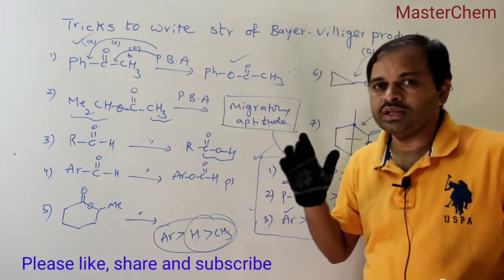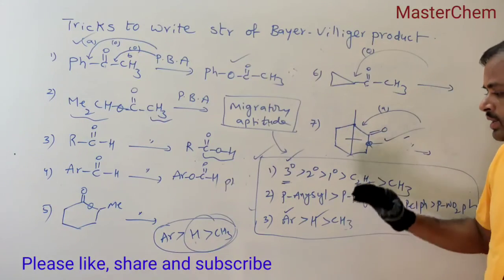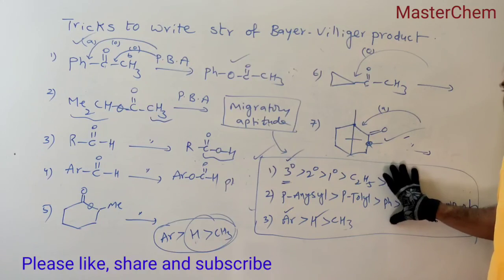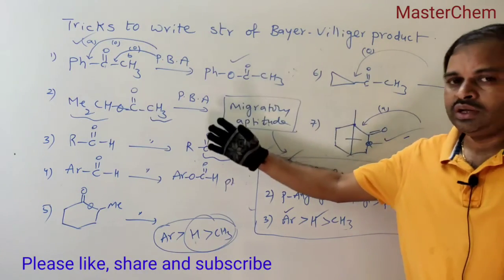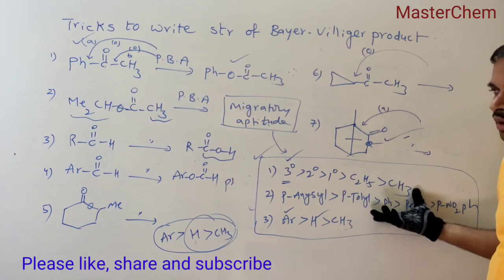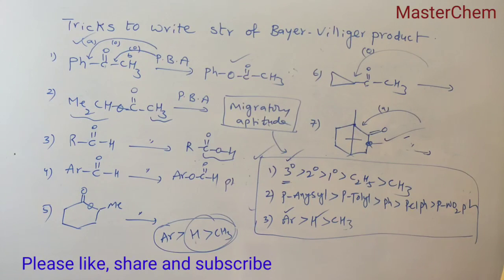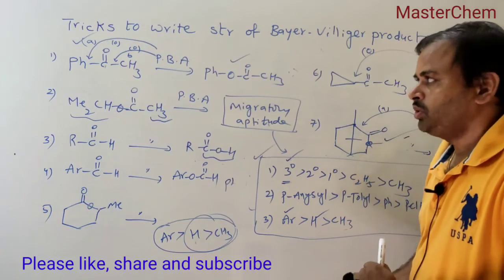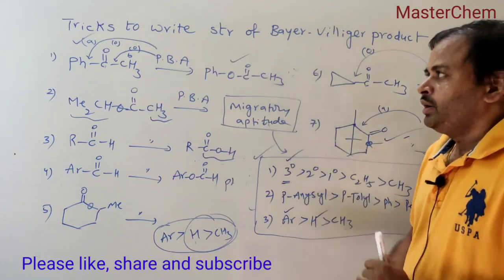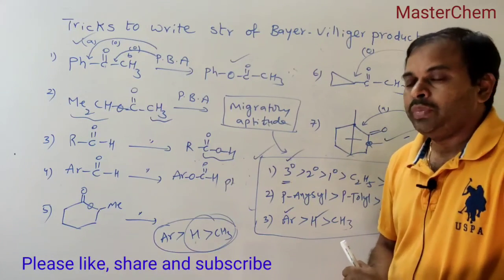The second is migratory aptitude; based on this priority order you can insert the oxygen. So this is how to write the structure of the Baeyer-Villiger product. Now let us go for tricks to write the structure of the Perkin product.